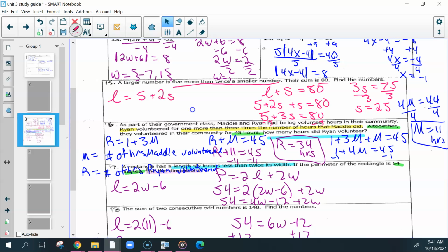And then put S either back in here or back in here to find L. What is that, 55? So the process to solve it is the same as the others, it's just that the words are different.